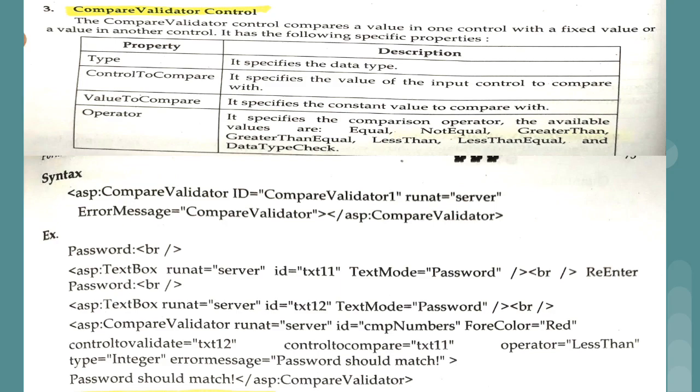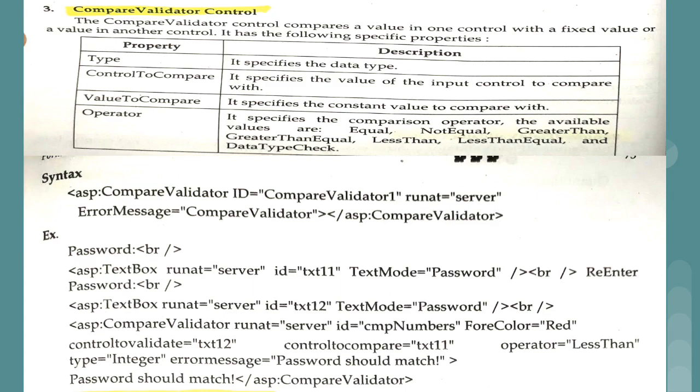Then we have one more property, that is operator. Operator means if you want to check for similarity, like in the case of a password, we should check the similarity. So operator equal, we will actually use Equal, but other than equal we have less than, greater than, such values which are available with the operator, that we will come to know in the practical session.